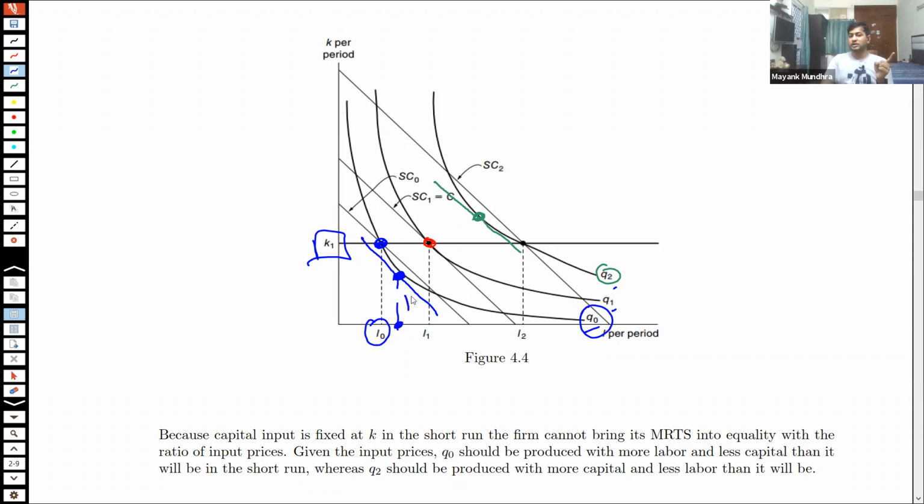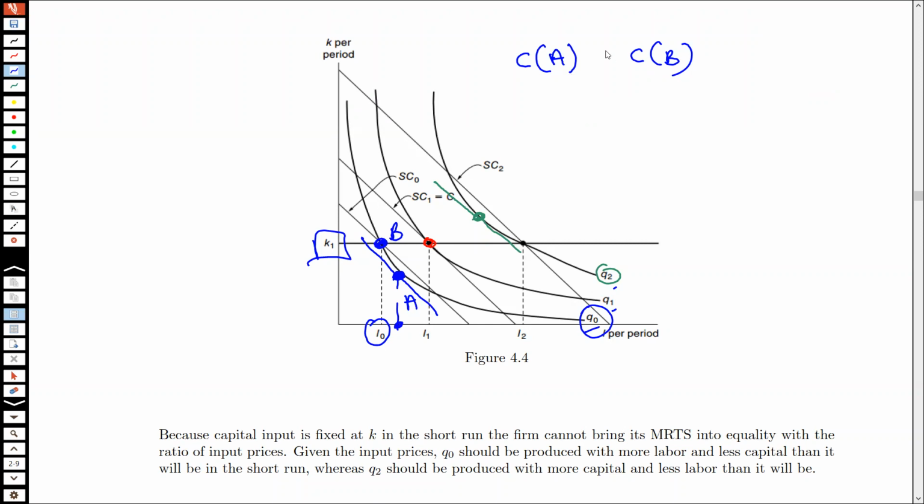Let's say this point is A and this point is B. Which do you think is going to be higher, the cost to produce quantity Q0 at A or at B? Which is going to be larger of the two, A or B? B. B is going to be larger. Very good.